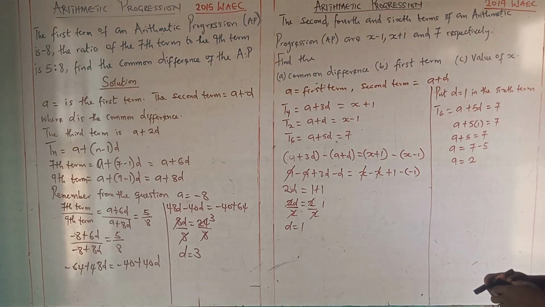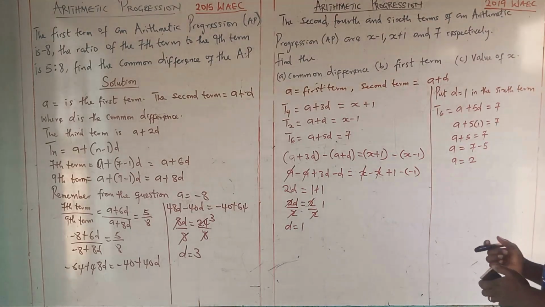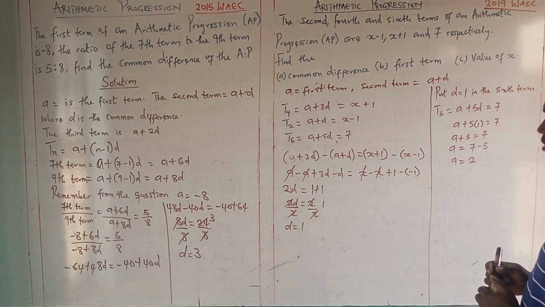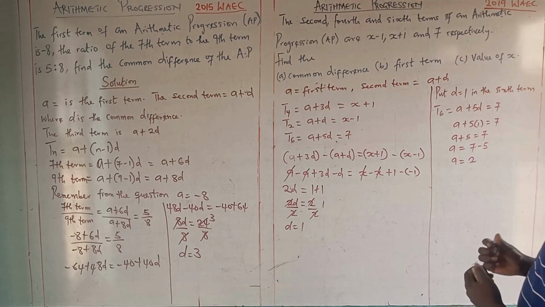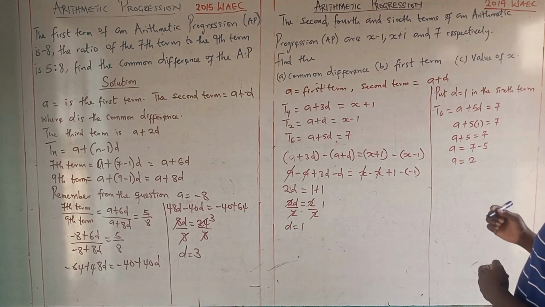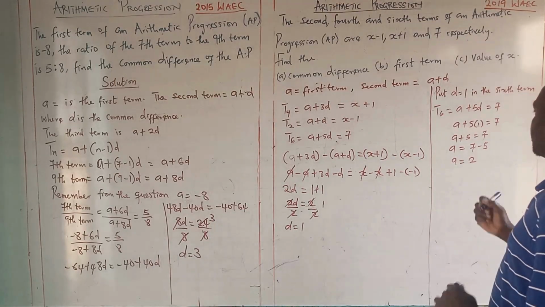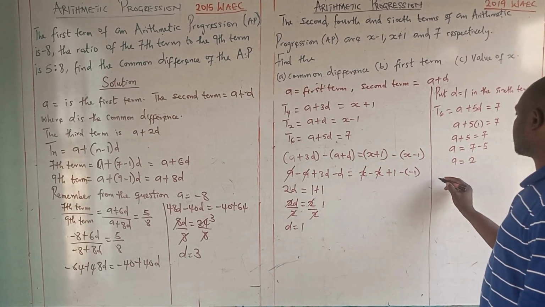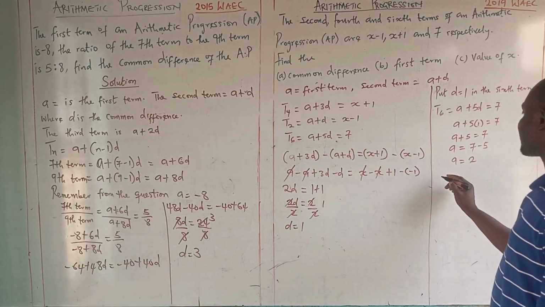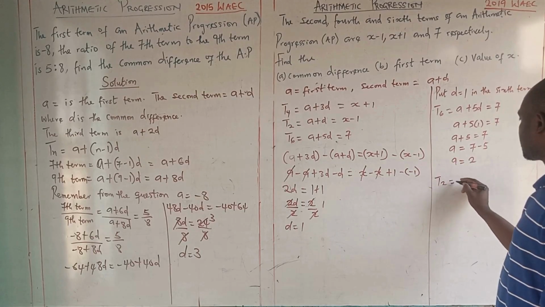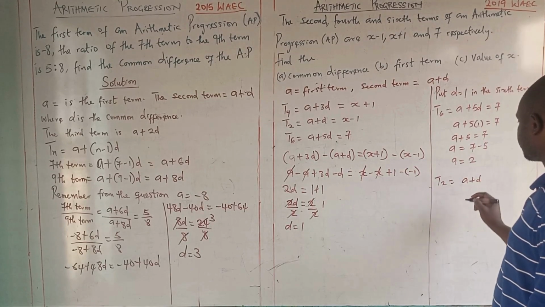Now, finally, the last part of the question says that we should find the value of x. Now, finding the value of x means we are to put the values of a and d in the terms we have. Now, if we use the second term, that is T2 equals a plus d.